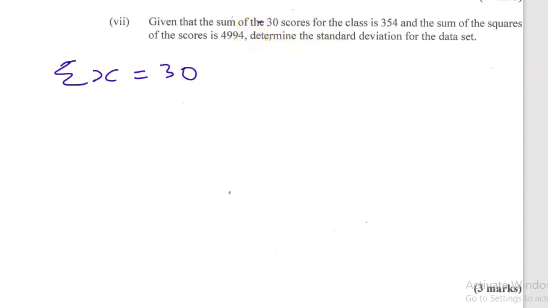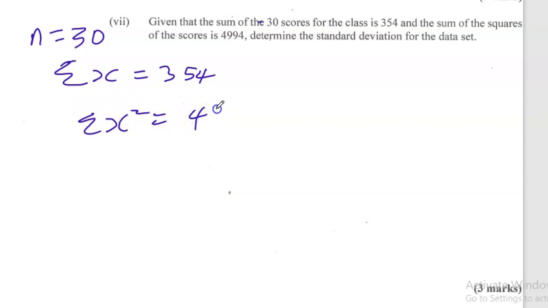The sum of the 30 scores: n is 30 because there were 30 scores, and the sum of those scores, sum of x, is 354. And the sum of the squares of the scores, sum of x squared, is 4994. Find the standard deviation for the data set.